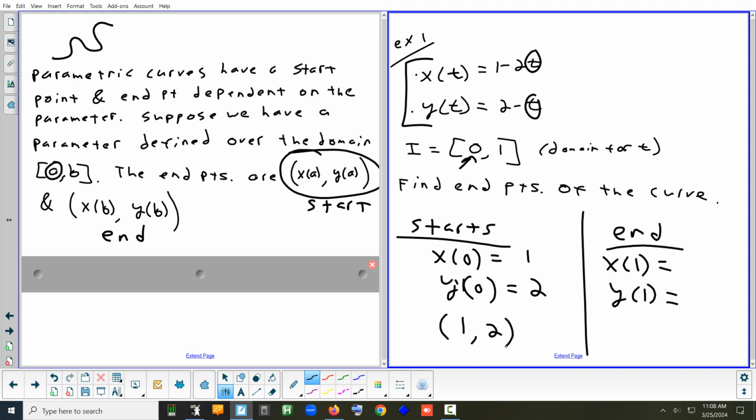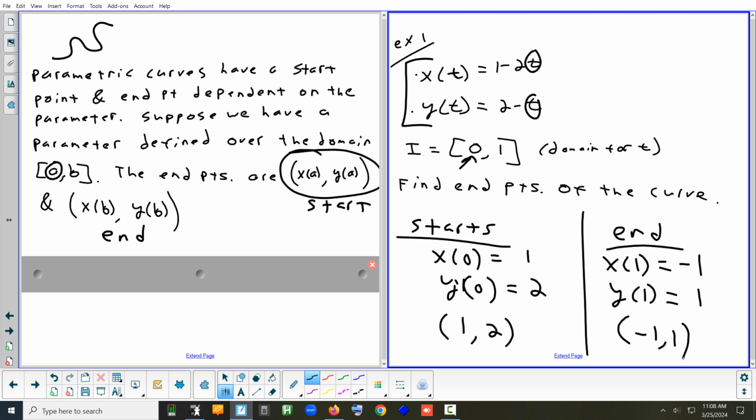And let's figure out where it's going to end. What's the x value where this graph ends? Negative 1. And what's the y value? 1. So this graph is going to start at 1, 2, and it's going to draw to negative 1, 1.